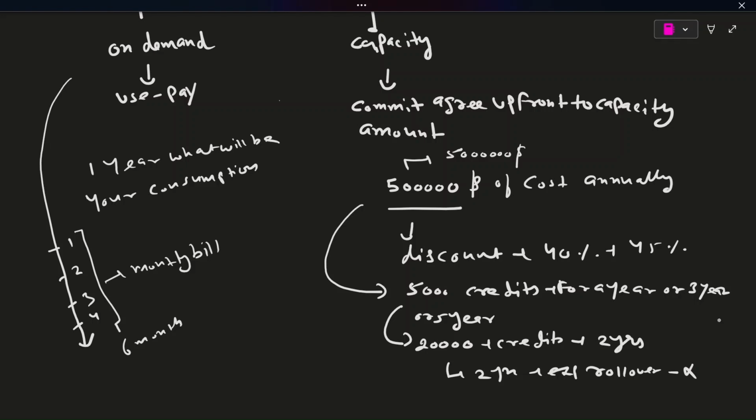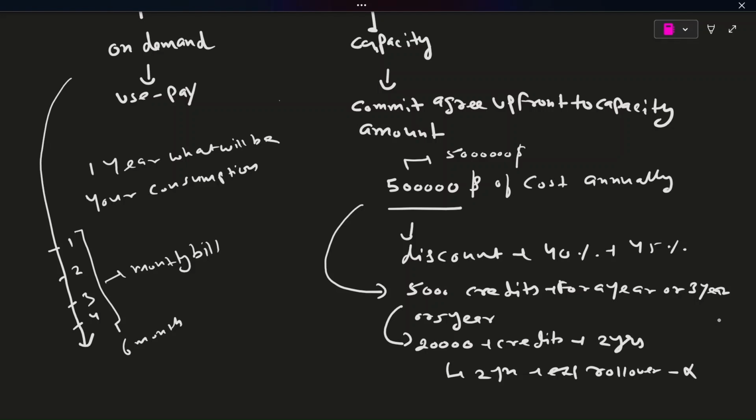They will give you a lot of discount, 40% or 45%, and then they will give you credits, let's say 4,000 or 5,000 or 6,000, and those credits you need to consume within the timeline. If you have an agreement of 1 year, you need to use those credits within 1 year. If it is 3 year or 5 year, you need to use them within that term. Whatever agreement you have, there is no rollover.